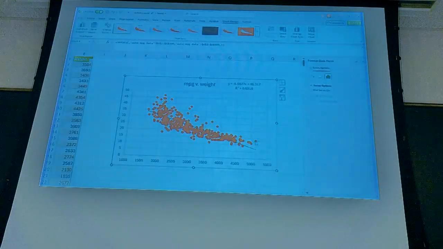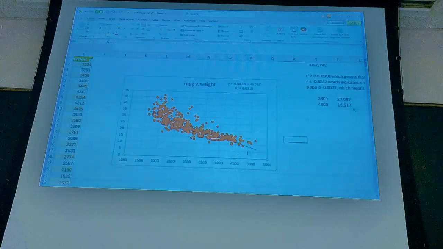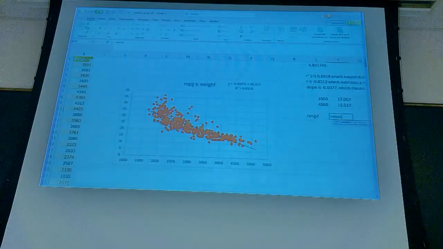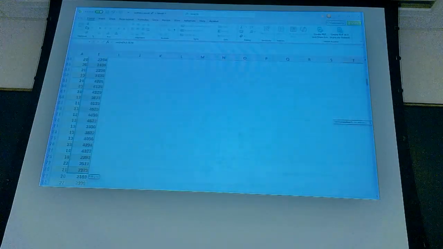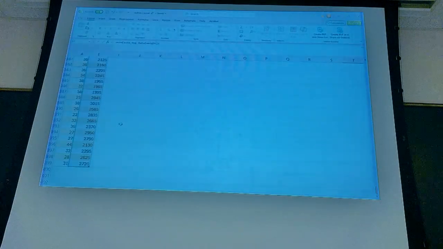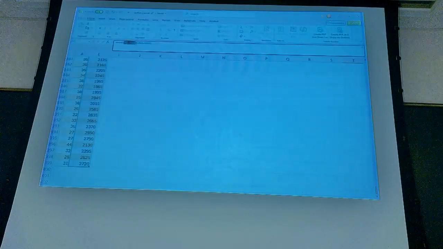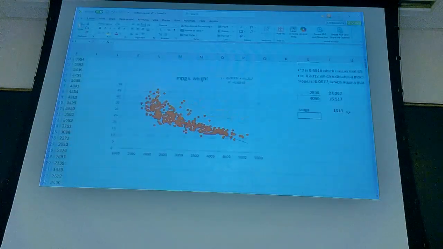So what I can do, range, just do the minimum of weight, to the maximum.